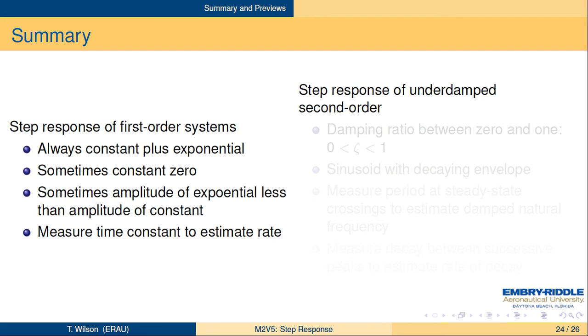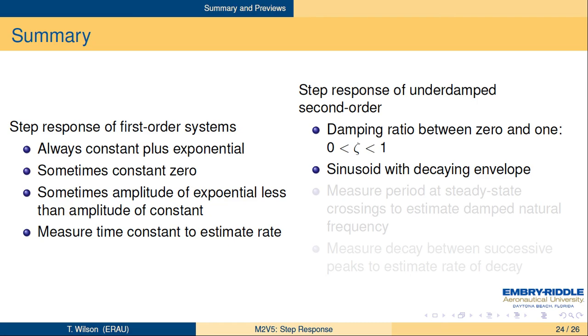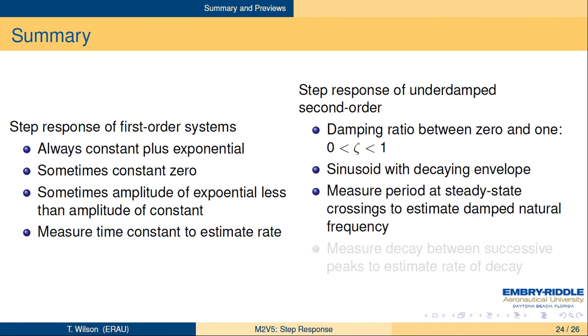For underdamped second order systems, we saw the damping ratio would be between 0 and 1. You get a sinusoidal step response plus the constant with the decaying envelope, but the transient part of the response is a decaying sinusoid. You can measure the period at steady state crossings to estimate the damped natural frequency, and you can measure the decay between successive peaks to estimate the rate of decay.